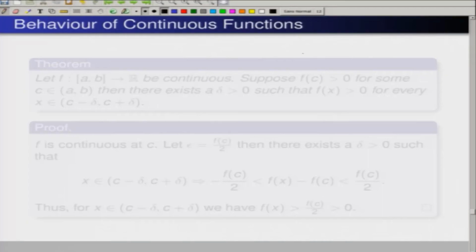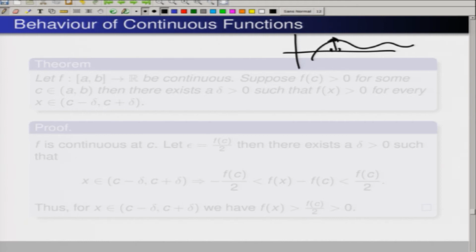Now suppose you are drawing a continuous function, let us say this is a continuous function. You can see that at this point the value is positive. Now, I can definitely find an interval in which f is going to be positive.